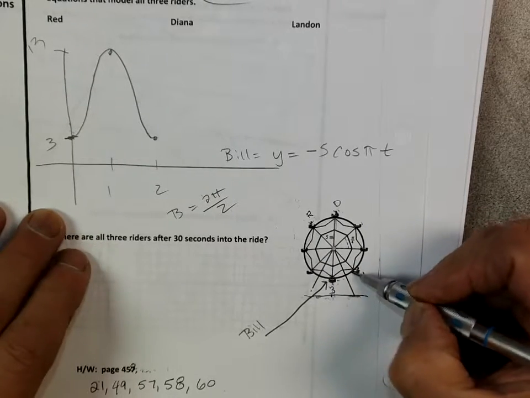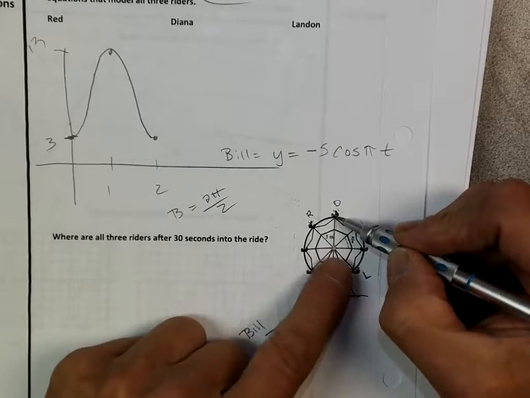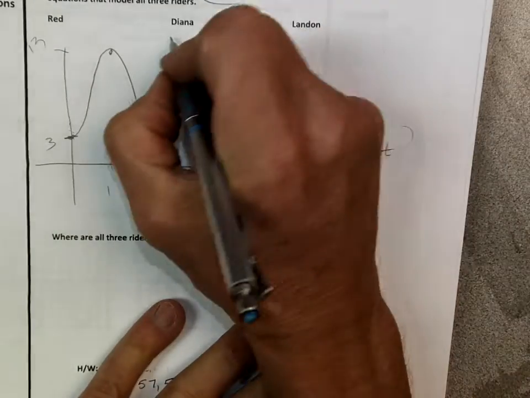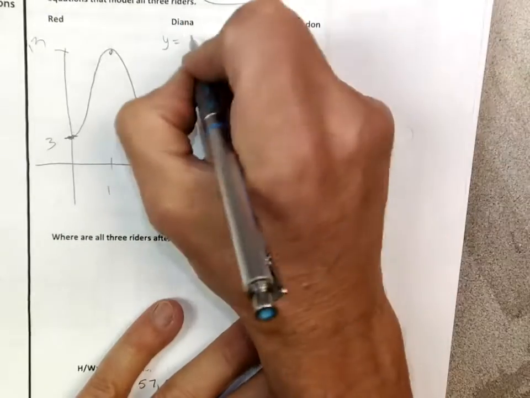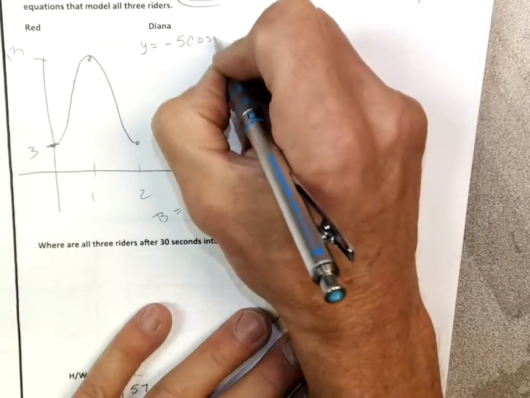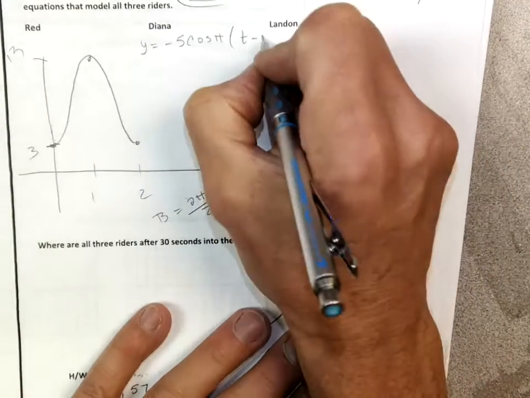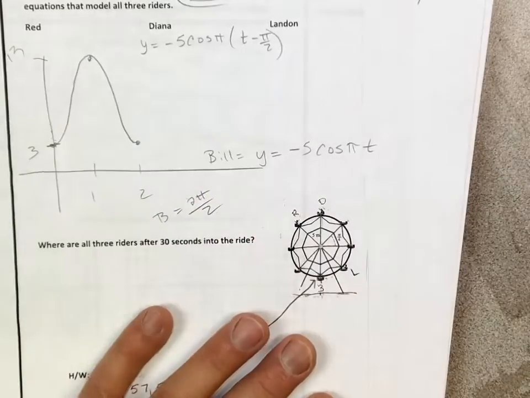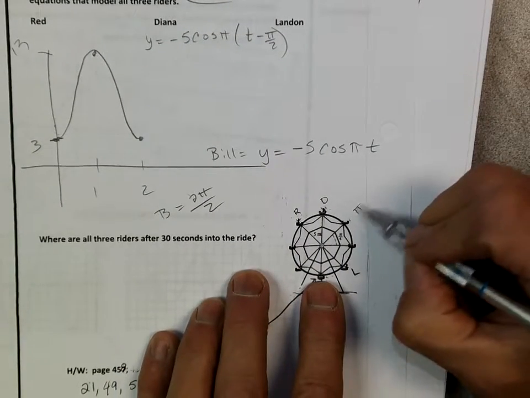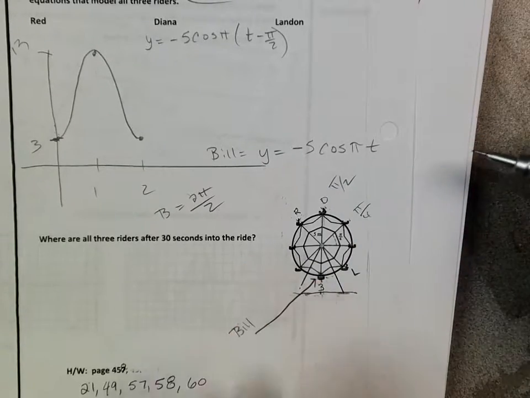So let's do Diana first, because Diana's the next one to get on. So Diana is going to get on at pi halves later, right? So Diana's equation is just going to be y equals negative 5 cosine. We're going to go a pi, and we're going to go our t minus pi halves for Diana, because she just has a shift of pi halves. Can you see that shift?